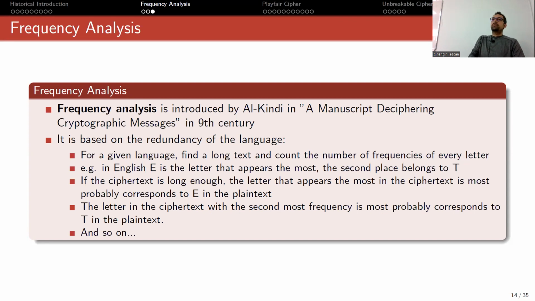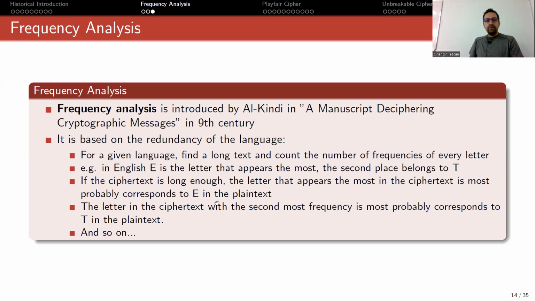Okay, you don't even need to know in which language the message was written, because you might assume that it is English and perform this attack. But if it doesn't work, then you can calculate the frequency of Turkish, French, Spanish, and so on, then perform the attack anyway. Actually, just by looking at the frequency of the letters in the ciphertext, you can even guess in which language it was written.